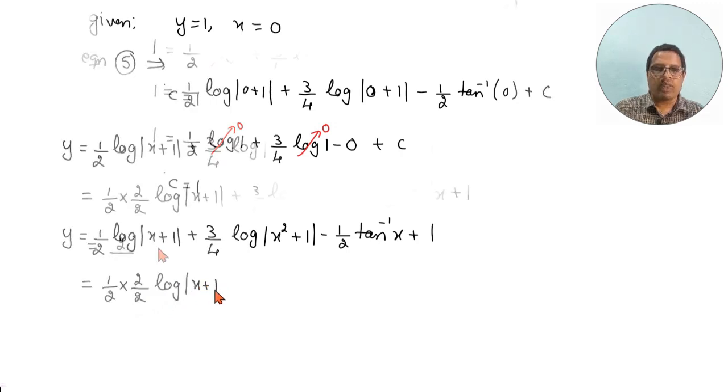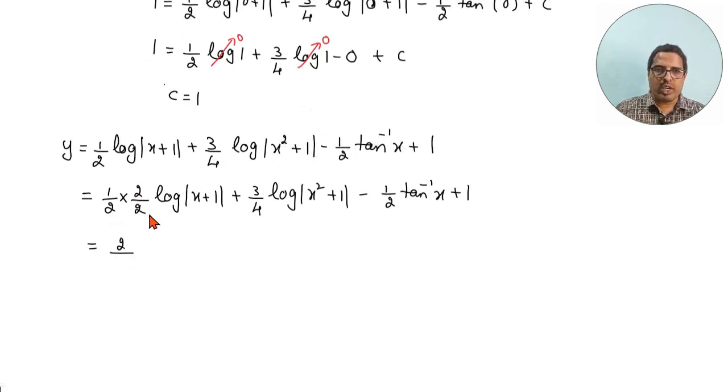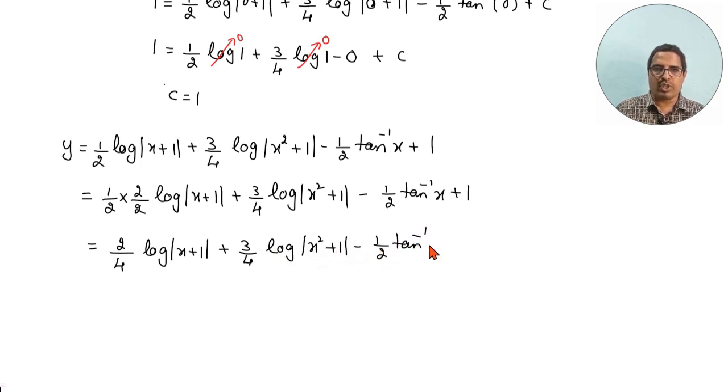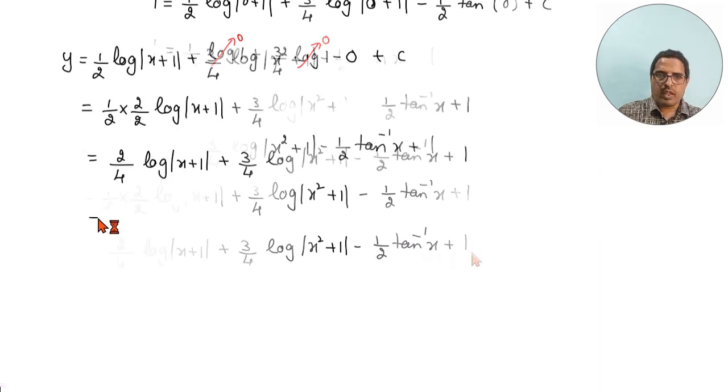Remaining terms will be the same. This is equal to 2 by 2 times 2 will be 4. You have log of mod x plus 1 plus 3 by 4 log of mod x square plus 1 minus half times tan inverse of x plus 1.